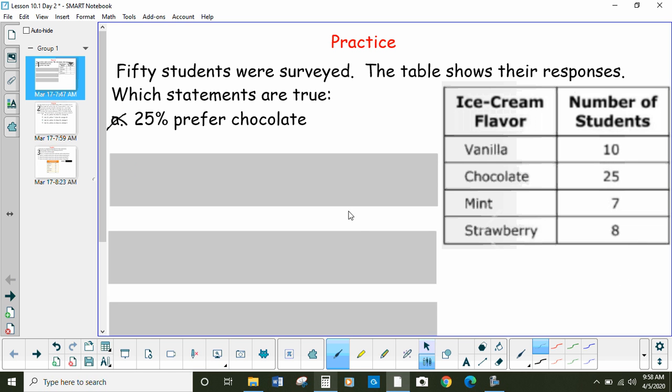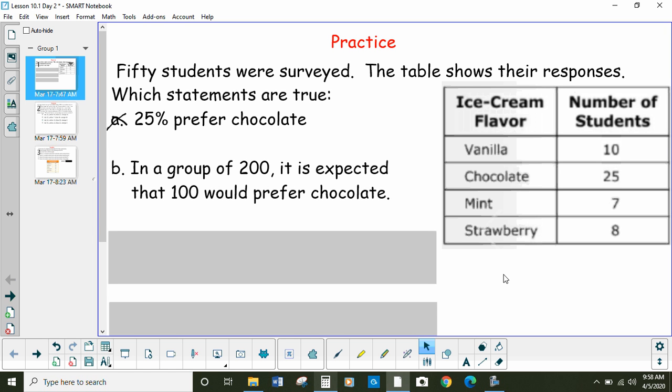Let's check B now. You guys go ahead and read B. Pause the video right now and try it on your own first. So let's see. The question says, if there were 200 people, would 100 prefer chocolate? So again, we're going to take our information over here that they gave us from the experimental probability, right?